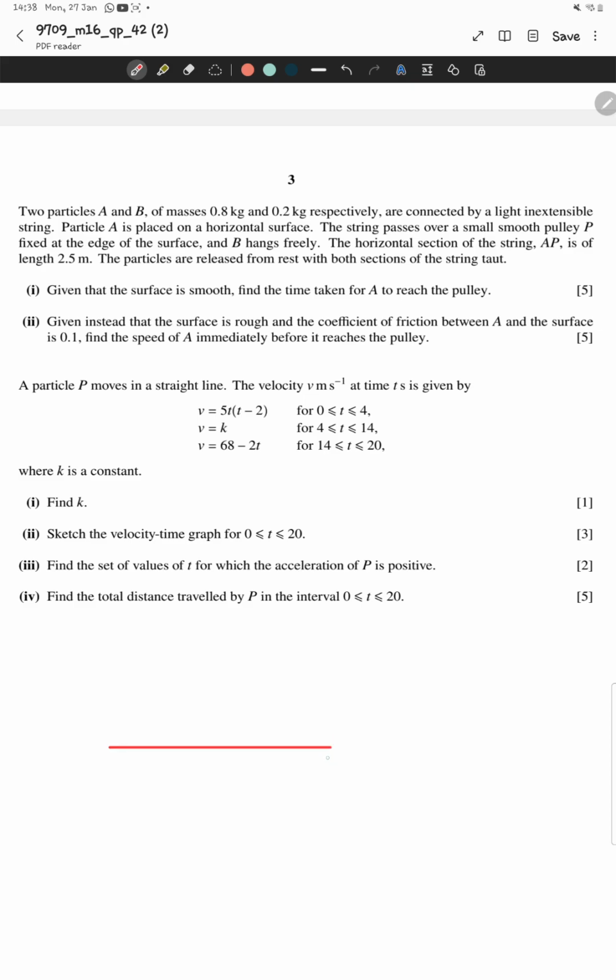The string passes over a small pulley fixed at the edge of the surface, and B hangs freely. The horizontal section of the string AP is of length 2.5. Particles are released. Okay, so there's a pulley here, or on the left side, it doesn't really matter. And you have a particle A connected to the pulley, and then you have B.